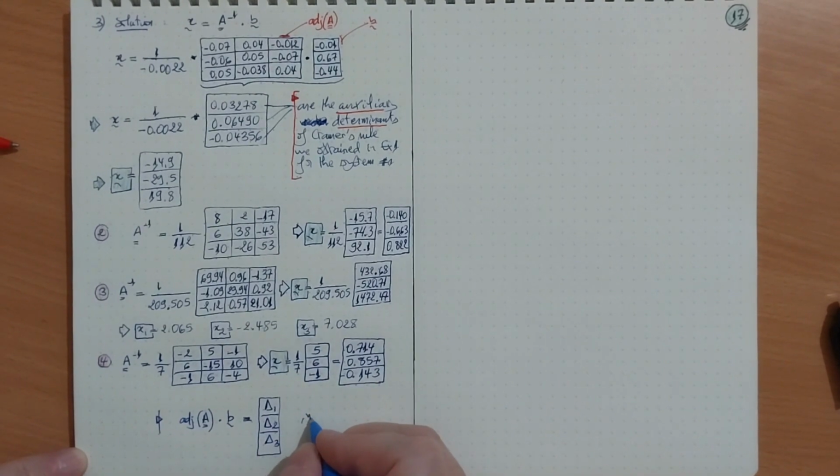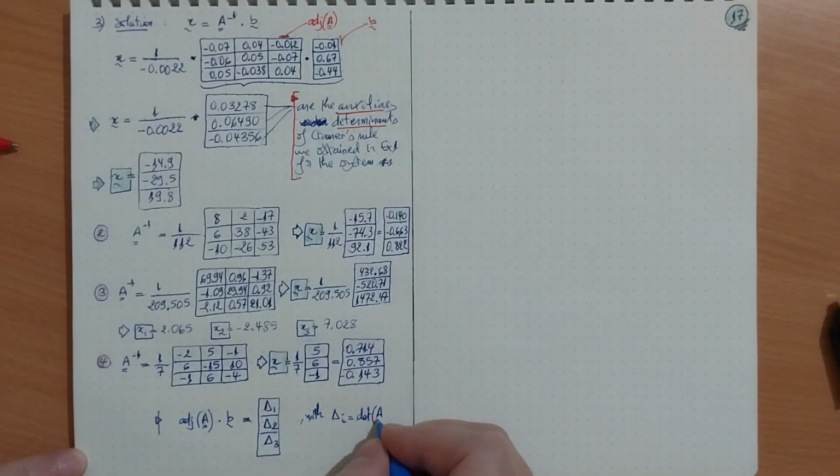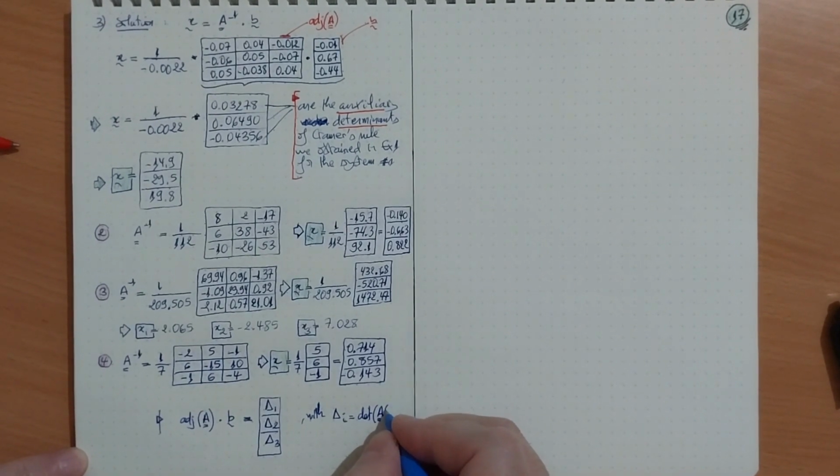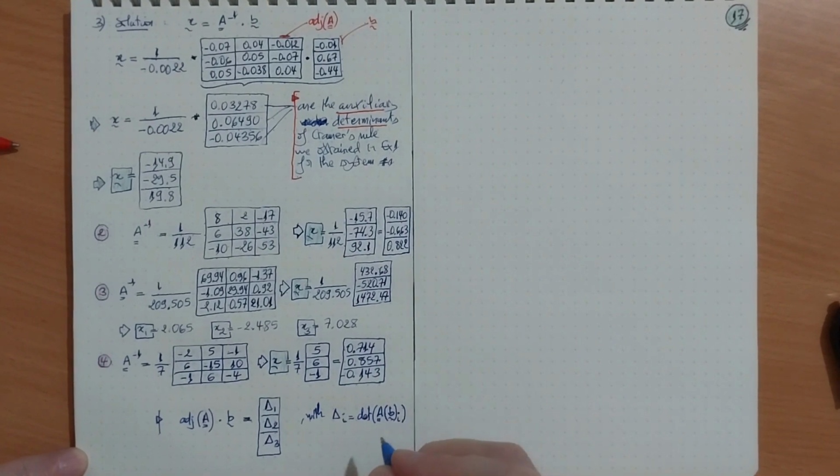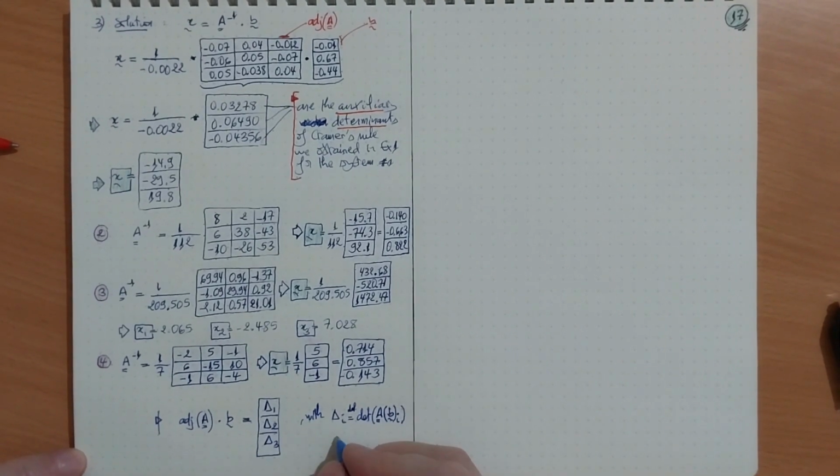It is with delta I is the determinant of the matrix A with the vector B, the image vector, at the ith column. So for I from 1 till 3.